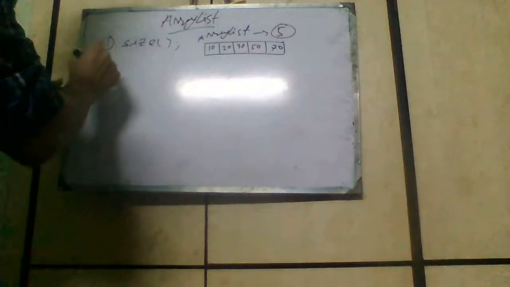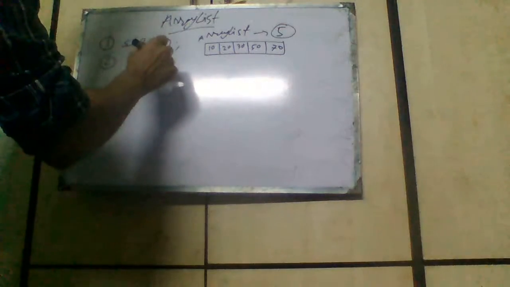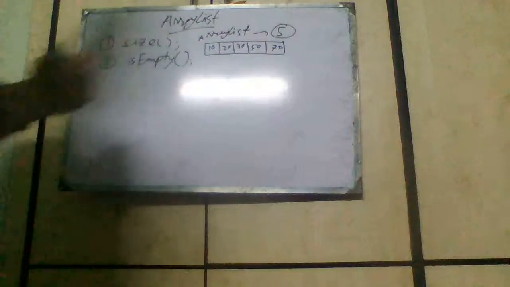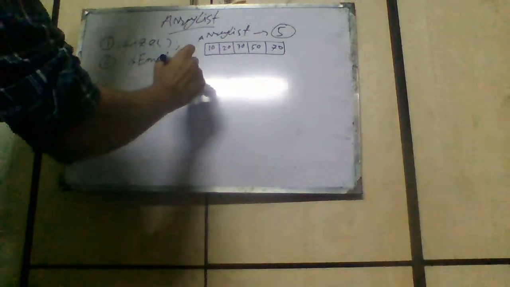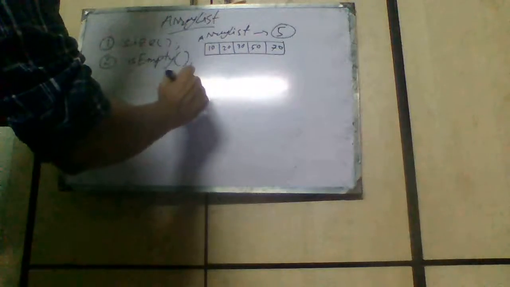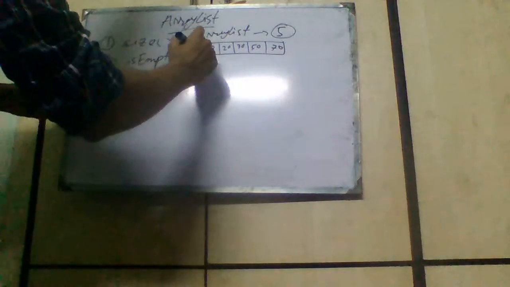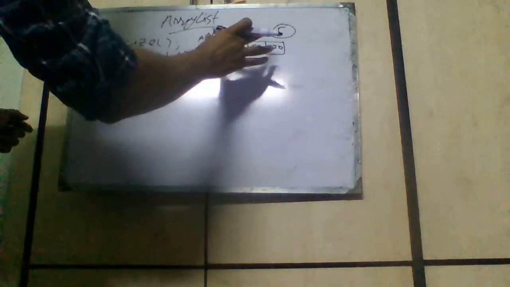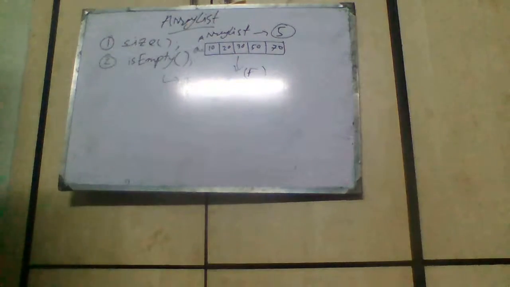Number 2 is empty. This method will return a Boolean value, true or false. If we see this list, this list is not empty, so it will return false.